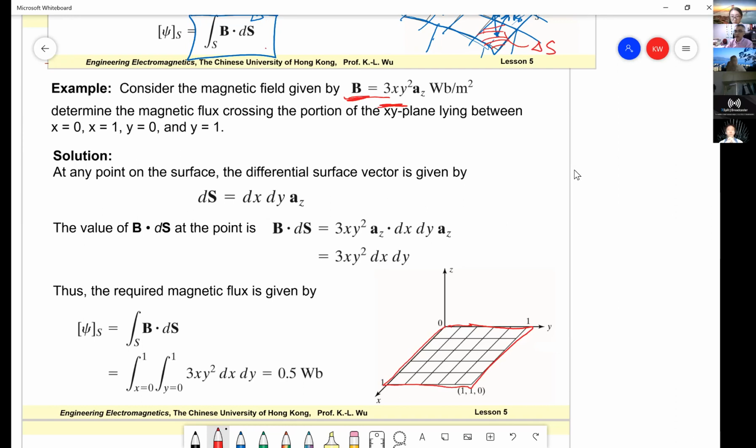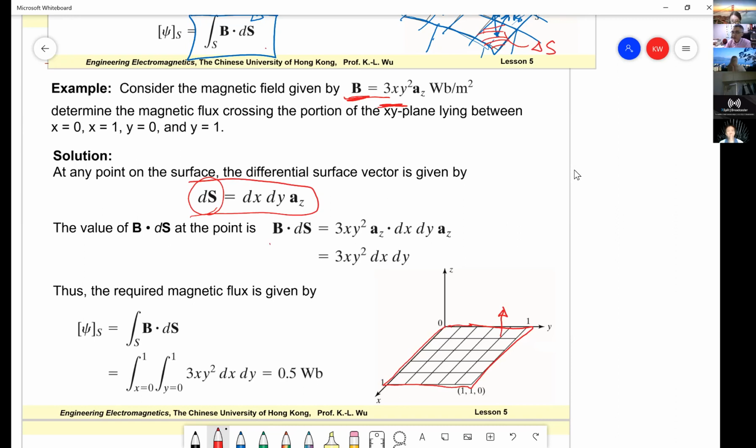Then let's do a surface integration. To do this, we need to find a differential area, because we're doing surface integration, not line integration. In line integration, we find the differential length. For surface integration, we need to find the differential area. In this case, we assume the normal direction is in the positive z direction. So this is a differential area in the rectangular coordinate system.